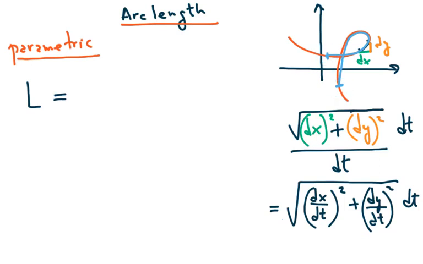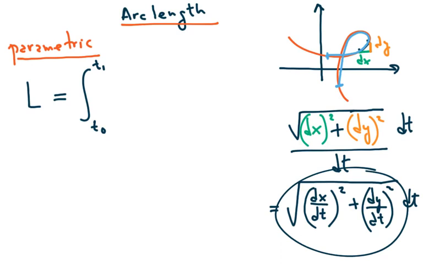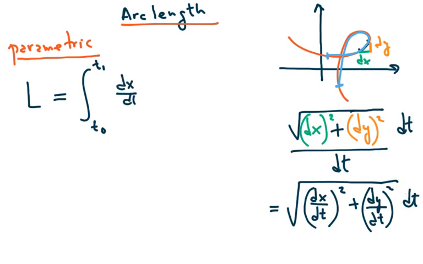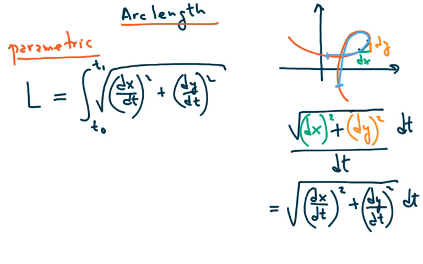So the length of the whole curve is going to be equal to the integral from t0 to t1, the first and the last value of t, of this expression that we found here: the square root of the derivative of x squared plus the derivative of y squared, dt.